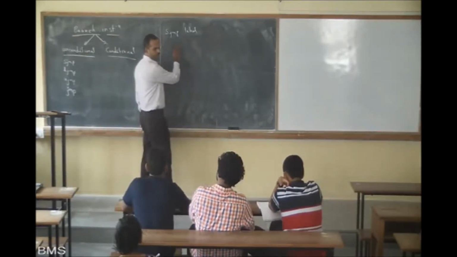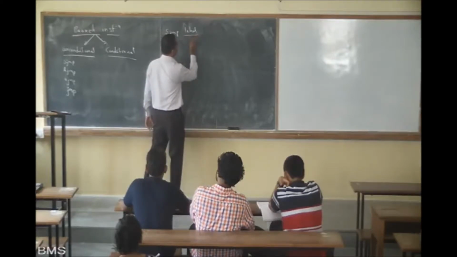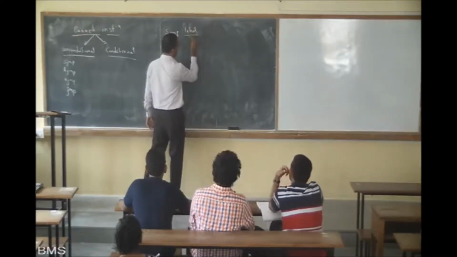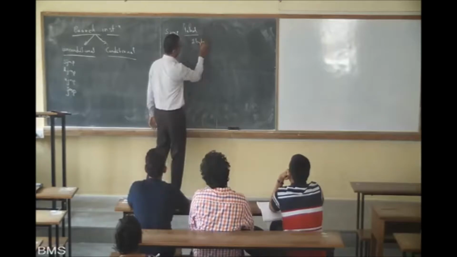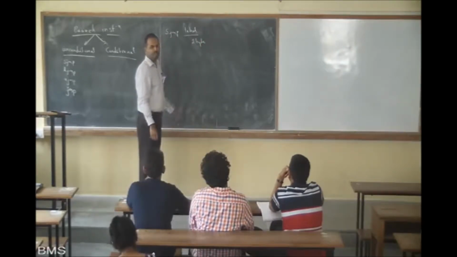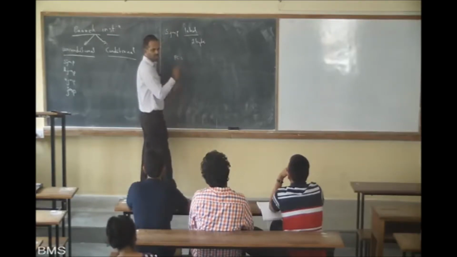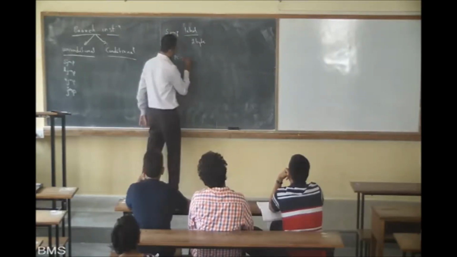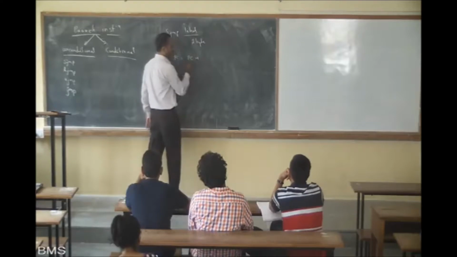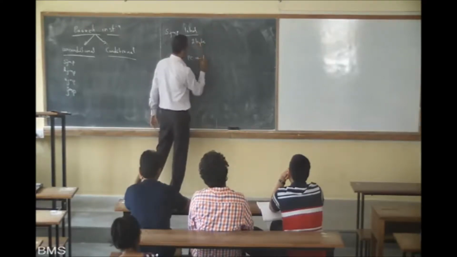When I say short jump, the label size is 1 byte. What happens is exactly PC equal to whatever the PC value now, that is equal to PC plus label.